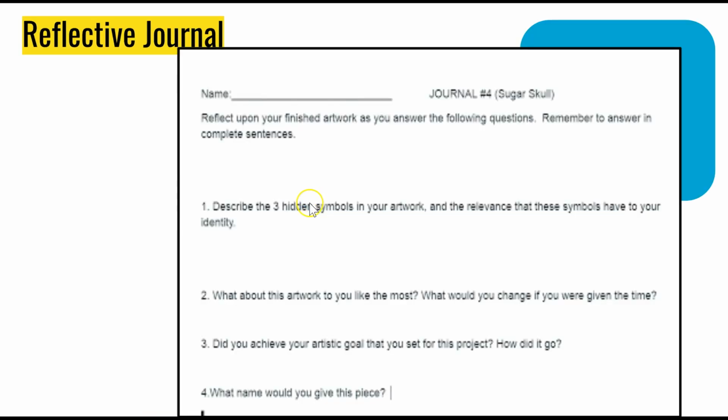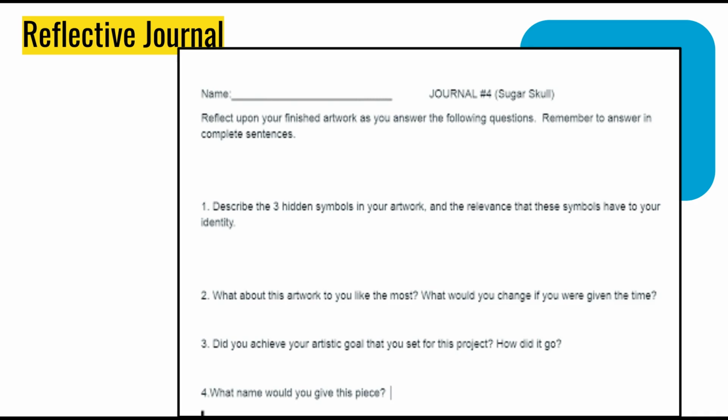Not a lot of thought in the how to get there, but what to do once you're there is up to them. Once their pieces are complete, I require them to write critically in a reflective journal. This is where they will reflect upon the original goal that they set back on the project proposal. They will critique and evaluate the artistic process: what went well, what didn't go well, what would you change.